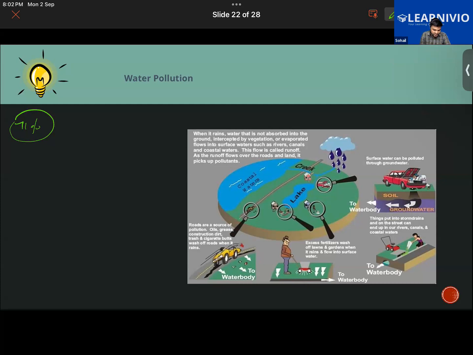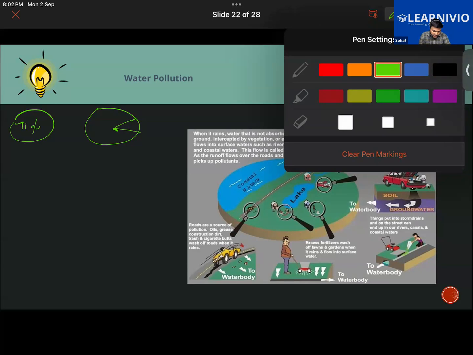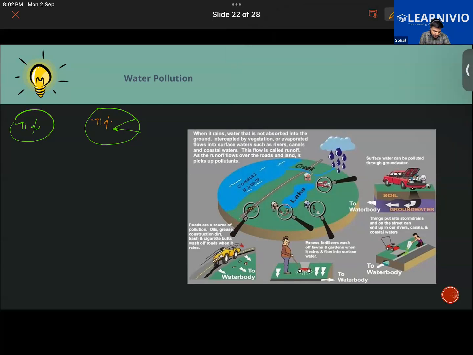Out of that 71%, almost 96 to 97% is stored in the oceans, which is not fit for our consumption because it is saline.